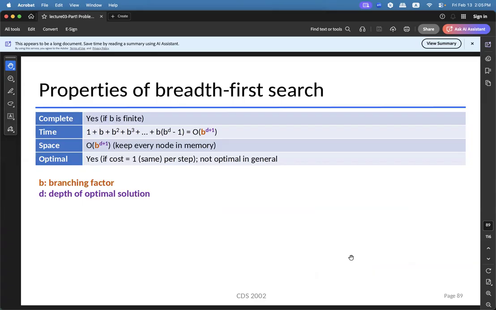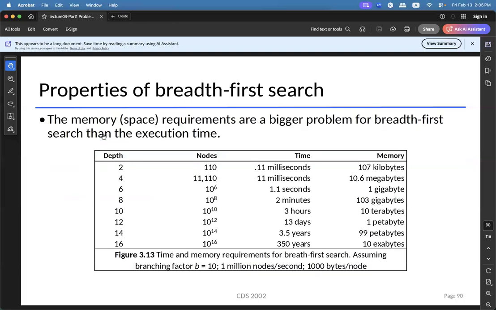If you take a look at the space complexity, you will see something like this: b to the power of d plus 1. We see a power for space complexity, that means that the amount of memory we need to execute is extremely large.